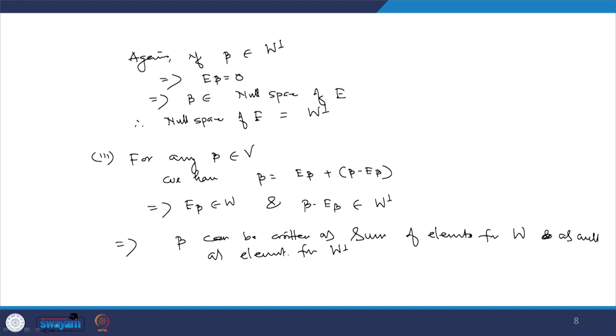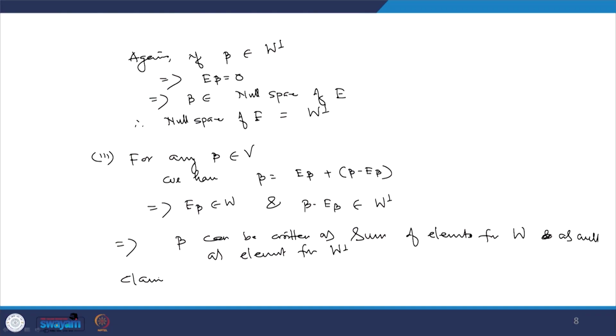So, it has two components, one component from W, another component from W complement. It will be direct sum provided I can somehow show that W and W complement are mutually disjoint.